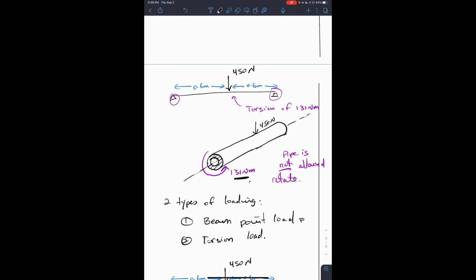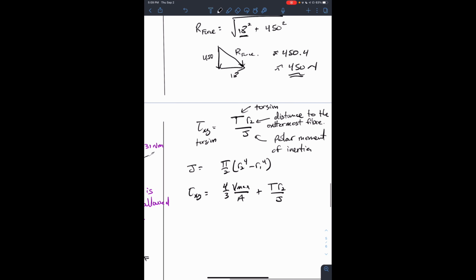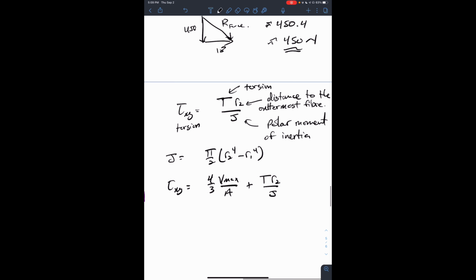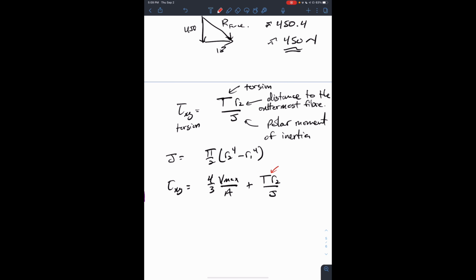So we have a torsional shear stress. That torsional shear stress formula, just a recap of strengths, is given by torsion T times R2 over J. J is the polar moment of inertia. So in our case here, our T value would be 131 newton meter. Our V is 225 newtons. So this calculation will give us our tau xy.